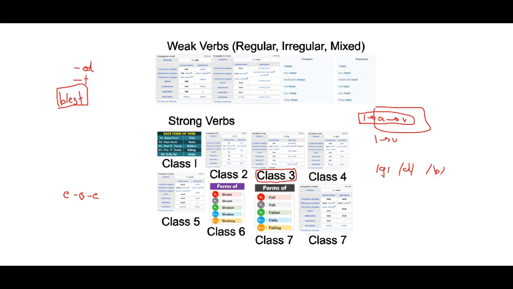So it's not just these two that I have up here, but these are reduplicating verbs, like fall, where the expected forms are fall, fell, fallen, and then you have verbs like beat, where the forms are beat, beat, and beaten.